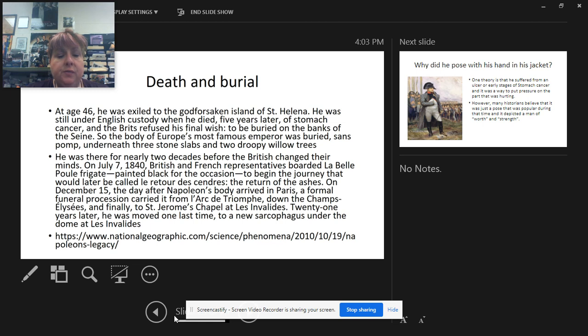The British refused his final wish to be buried on the banks of the Seine. So the body of Europe's most famous emperor was buried underneath 3 stone slabs and 2 droopy willow trees. He was there for nearly 20 years before the British changed their mind. And then he was buried there in Paris.